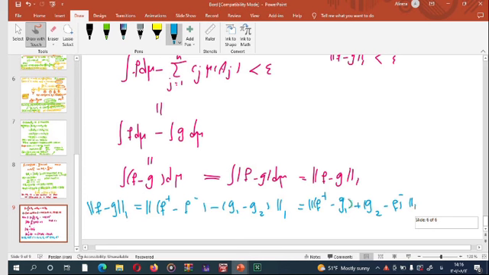Okay, so we can use the triangle inequality, so that this is less than norm 1 of this plus norm 1 of this one.